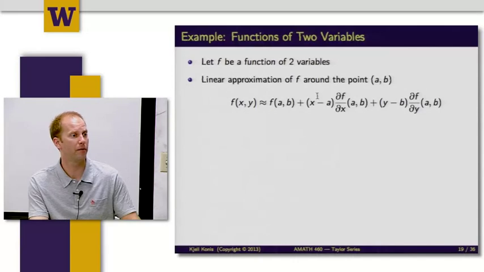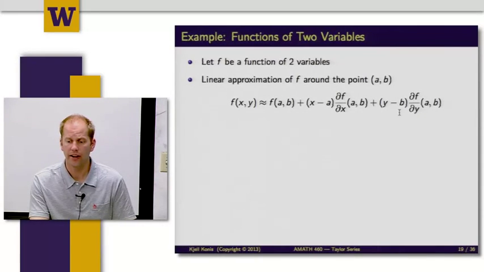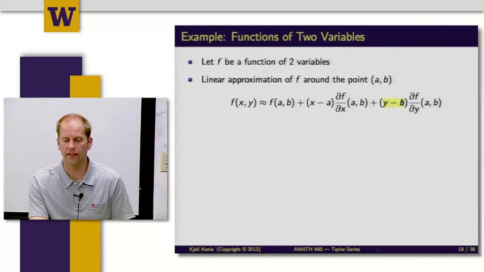So that's just a linear approximation in the x direction. And then I do exactly the same thing here, but in the y direction. So this is how far away y is from b, times the slope in the y direction.